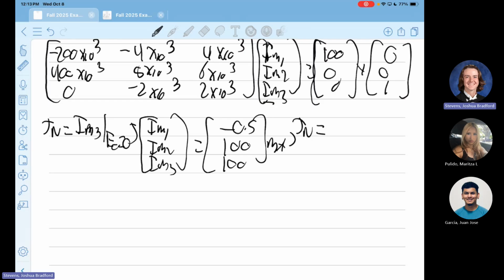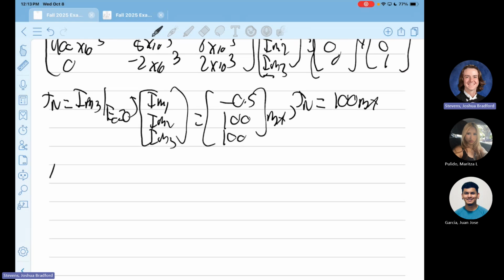Well, IM3 is 100 milliamps. What does that mean? Yeah. So that means our Norton equivalent source is 100 milliamps. So now, what do you call it? We can't just get admittance from current, right?